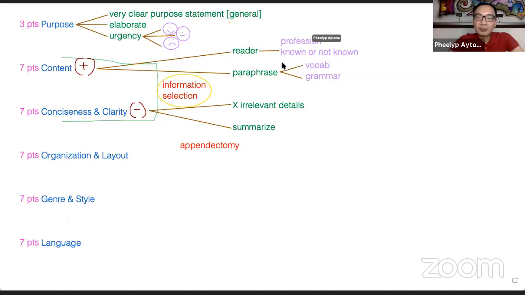Question. Day 1, after an appendectomy, is it normal for there to still be pain? Yes. 1 to 10?